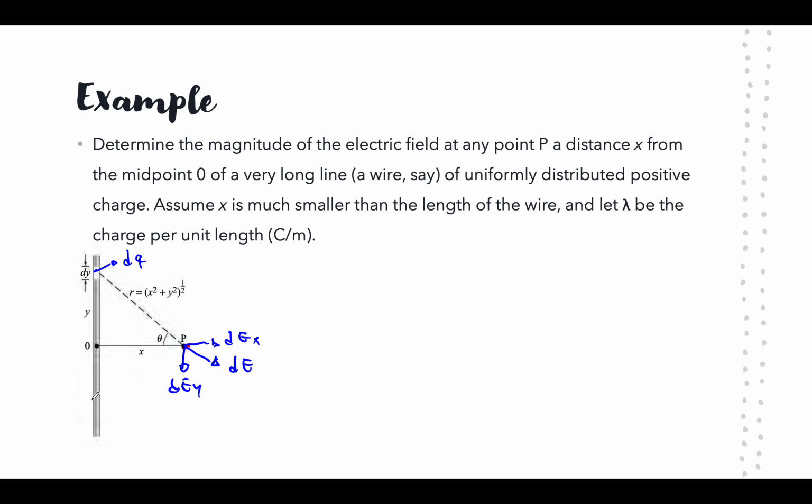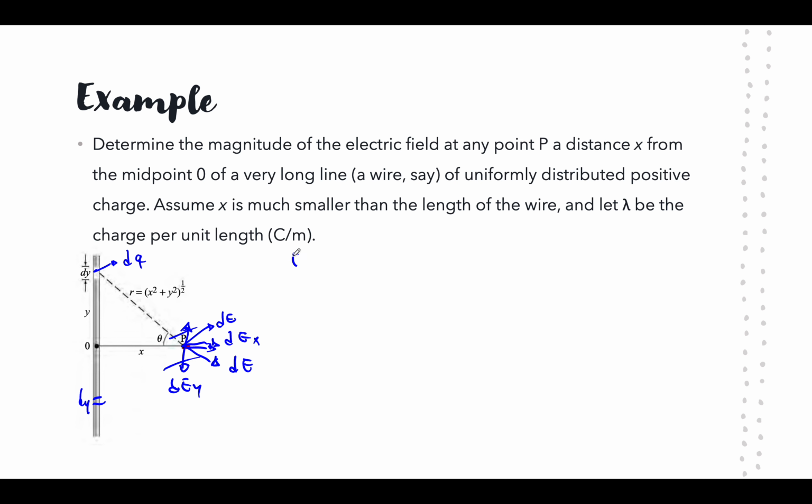Through symmetry, we can see that if I take this length differential right here, it's going to create an electric field in this direction, which will have a horizontal component and a vertical component, and the vertical components will cancel each other out. That will happen all along the wire for things that are equidistant from the midway point, 0.